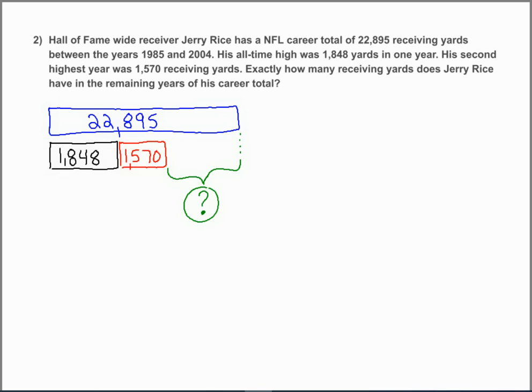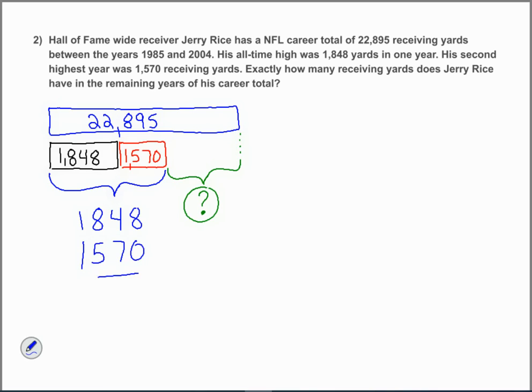Okay, you could solve this in a number of ways. You could figure out what these two are together first and then subtract it from his career total. Or you could subtract twice from his career total, the first year and then the other year. I'm going to add those two first. So I'm going to add 1,848 and 1,570.